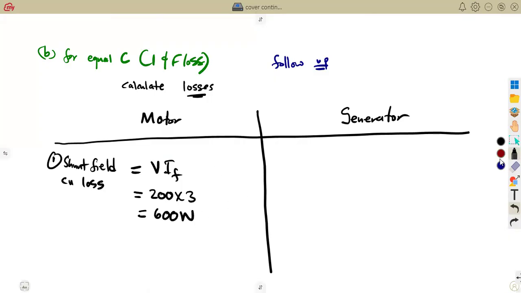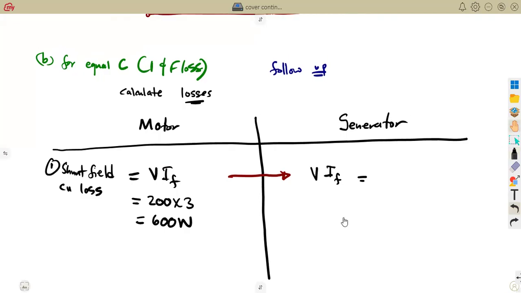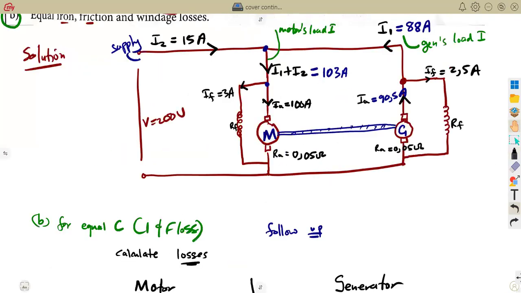It is the same thing, the shunt field copper loss that we calculated, but this time we are going to calculate it under the generator using the same formula, guys. Voltage times the field current, but it's from the generator, meaning the field current is of the generator now. If you check here, we have the field current from the generator side.